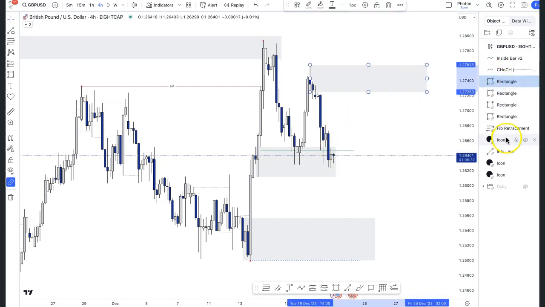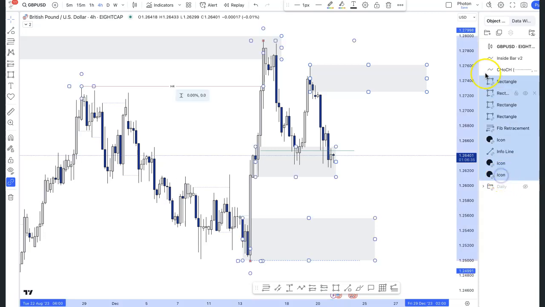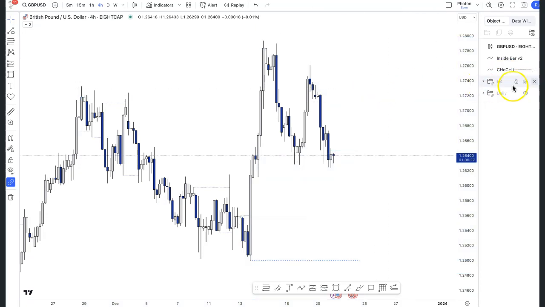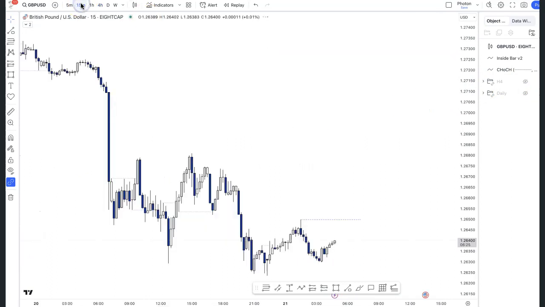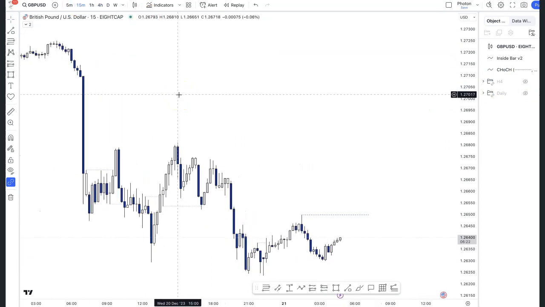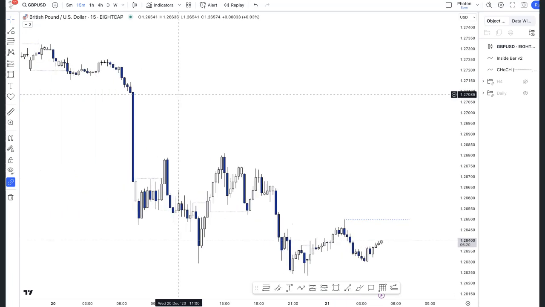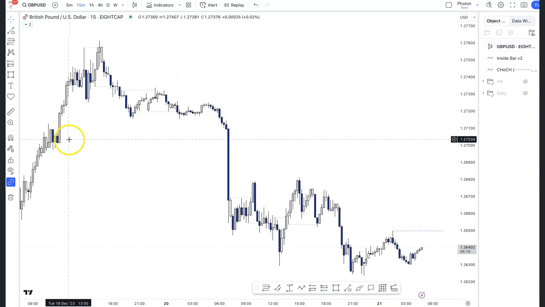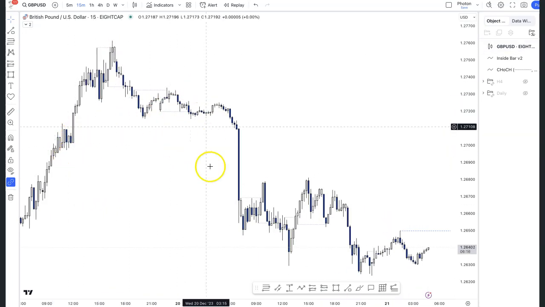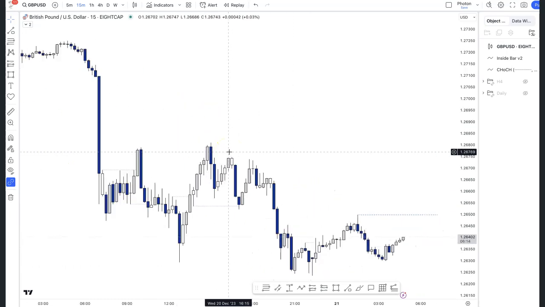So I'll just save all this, group it together, and call it the H4. Yeah, and now I've hidden it, and we go on to the M15. So M15 for me, well, it looks like it's kind of bearish.